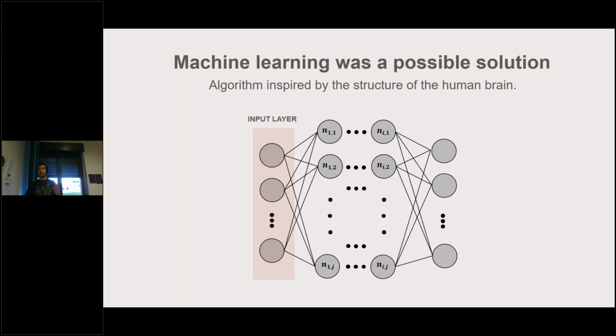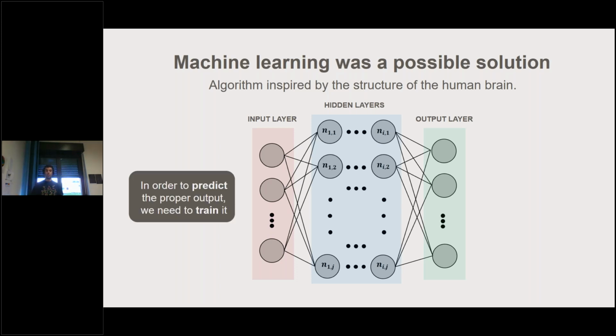So we have the input layer, that is the one that gets the information from the environment. We have an output layer, that is the one that gives the answer. We have a given number of hidden layers in between that are in charge of associating the proper output to a given input.